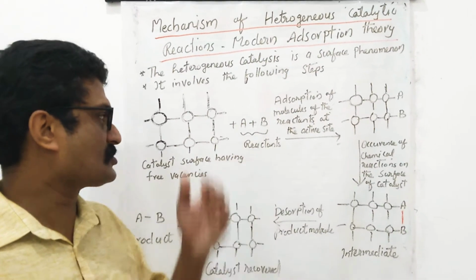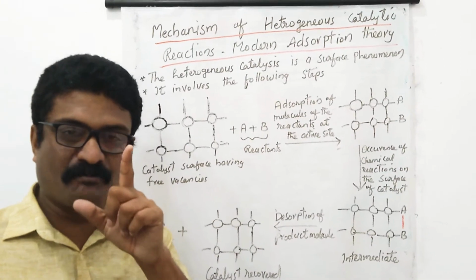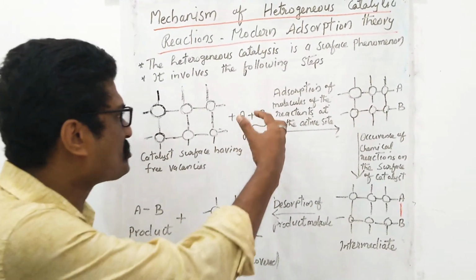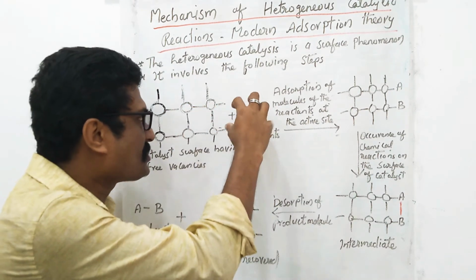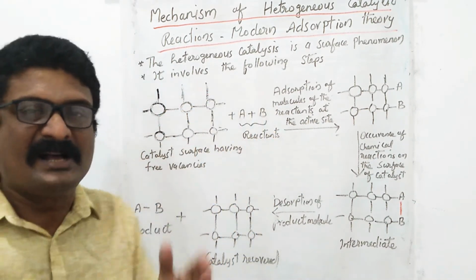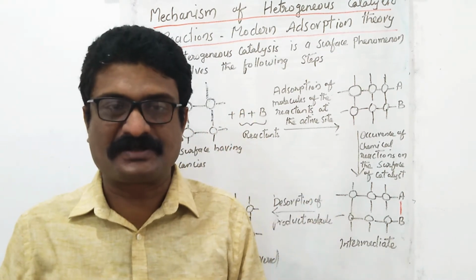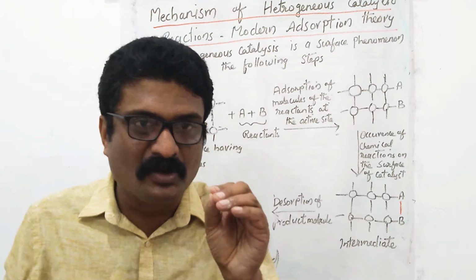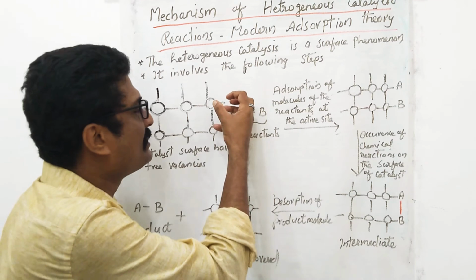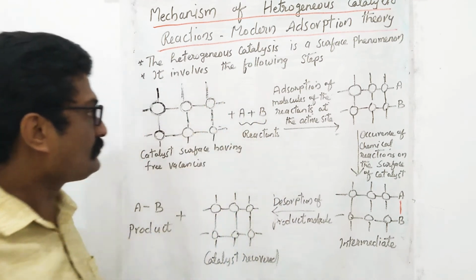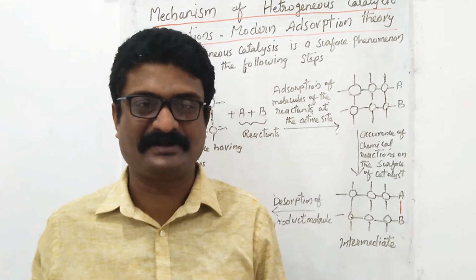Suppose the reactants exist in gaseous state. The first step, please listen, is diffusion of the reactants to the surface of the solid catalyst. The gaseous reactant molecules diffuse slowly to the surface of a solid catalyst. It is the first step.